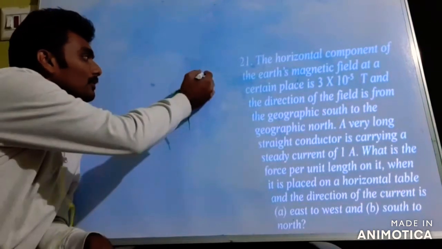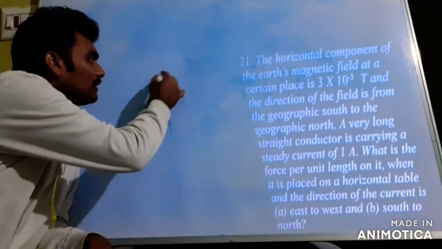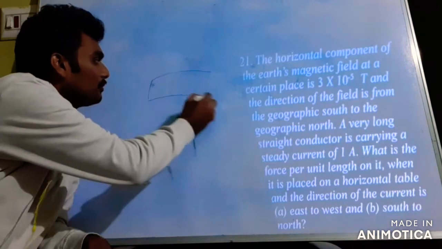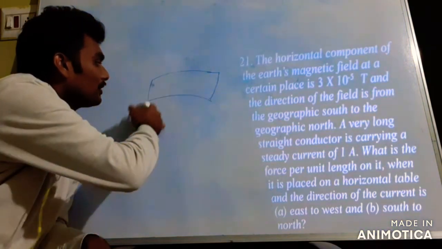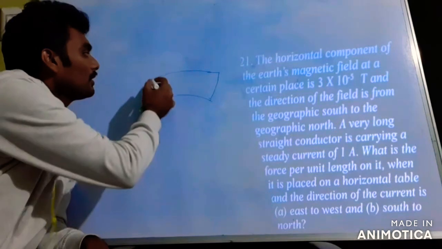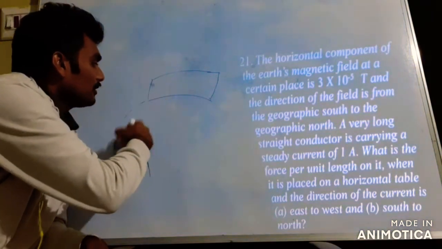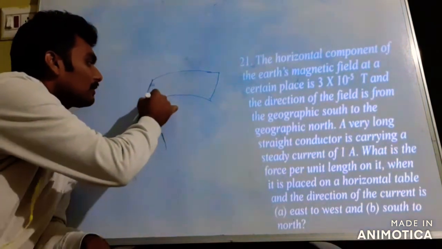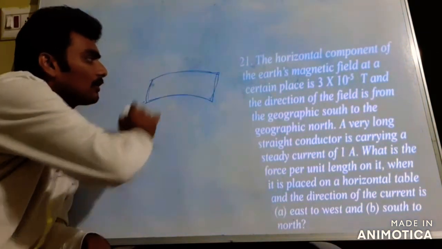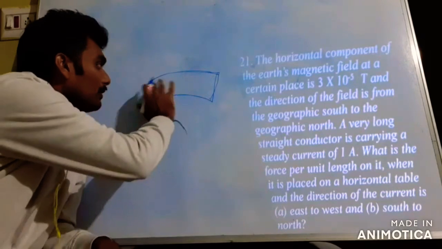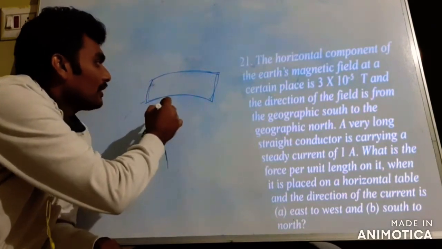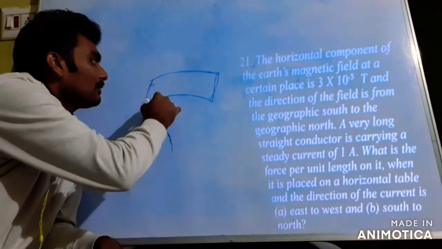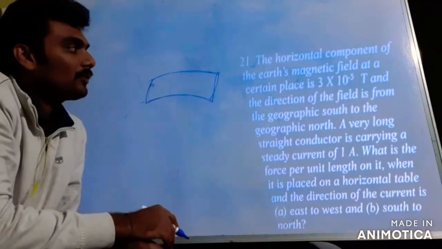Assuming that this is the surface of Earth, a part of the surface that we have chosen from the entire Earth. Now at this region it is given that the magnetic field is 3 into 10 to the power of minus 5 Tesla.